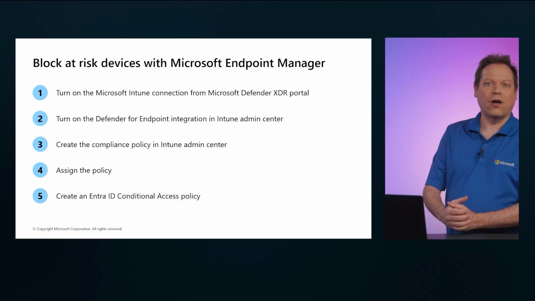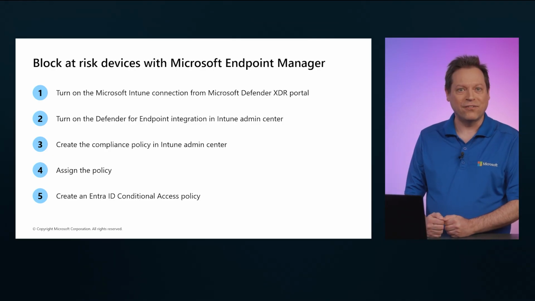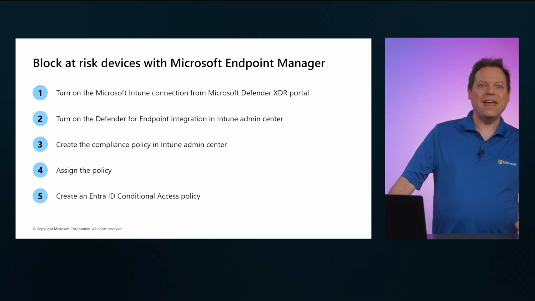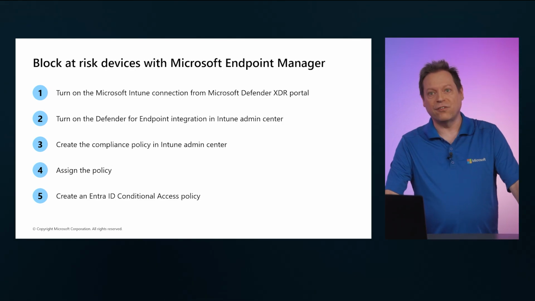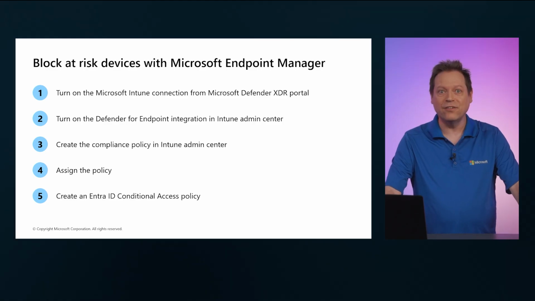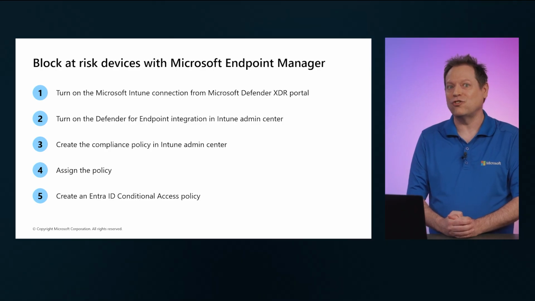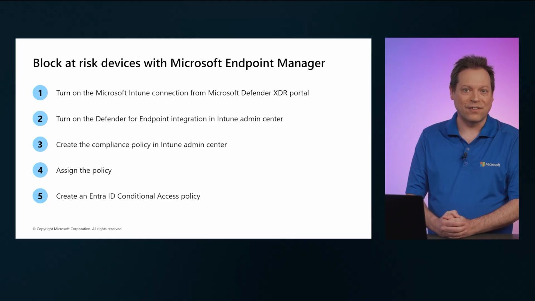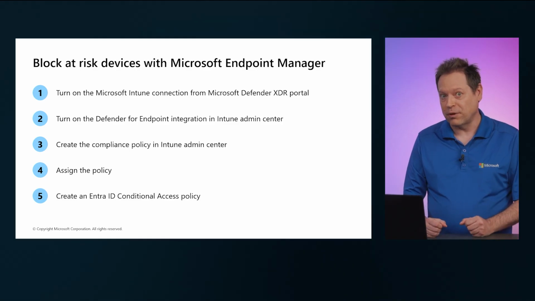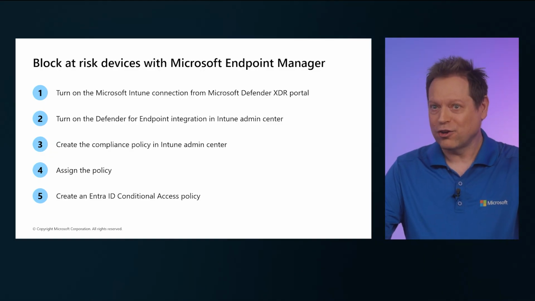Next, you turn on the Defender for Endpoint integration in the Intune Admin Center, and then you create a compliance policy in Intune, assign that policy to the right users or devices, and finally create a Microsoft Entra ID conditional access policy that can enforce access decisions based on device compliance or risk. There's also a supporting video on conditional access with Defender for Endpoint.